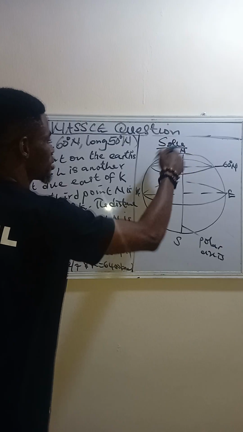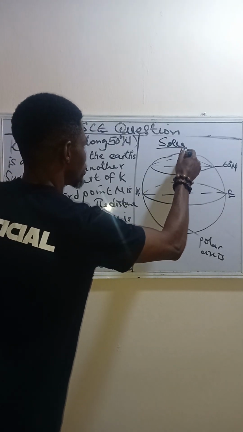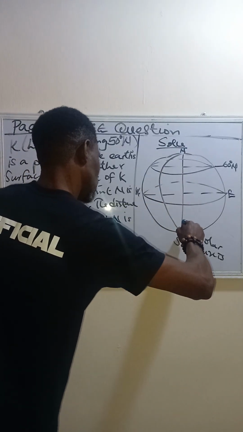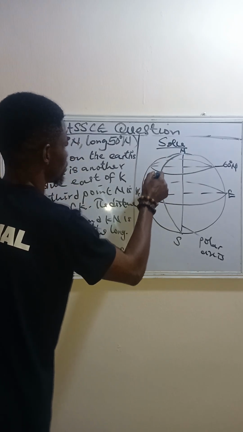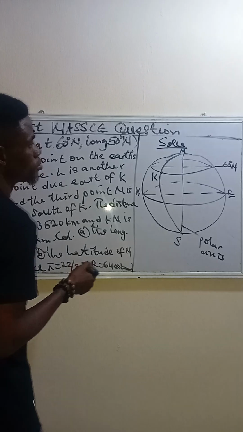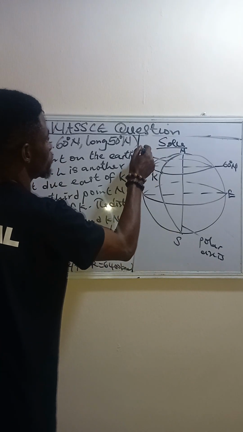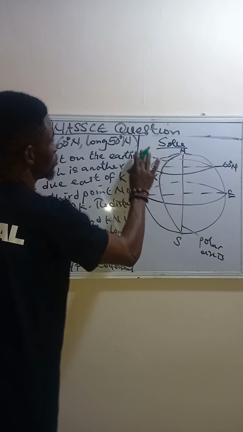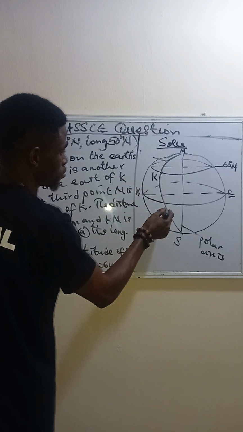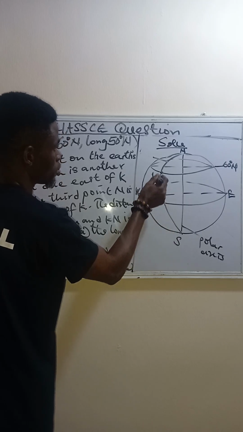So this is the western side. This is the point of intersection, which is K. So it is 50° west. So you can make use of this place.